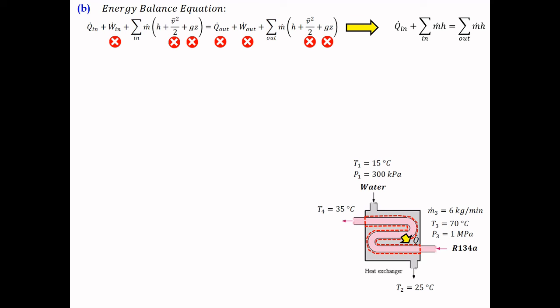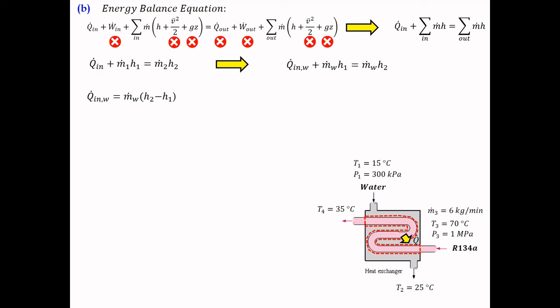If we implement the data given for the specific case in this problem, we have Q in dot plus M1 dot multiplied by H1 equal to M2 dot multiplied by H2. Refer to the data given. So Q in dot for water plus MW dot multiplied by H1 equal to MW dot multiplied by H2. Rearrange the equation.